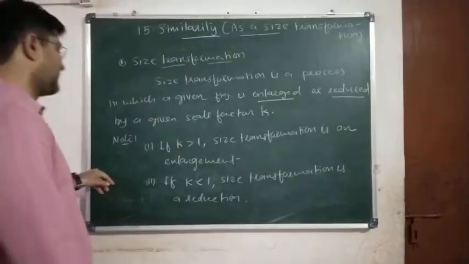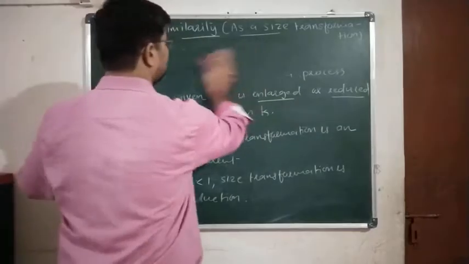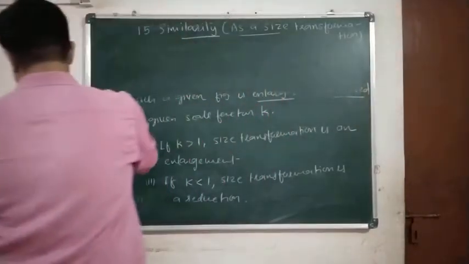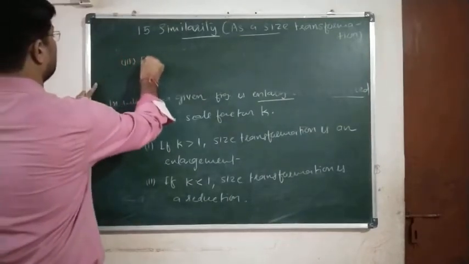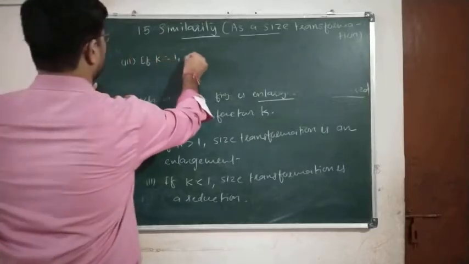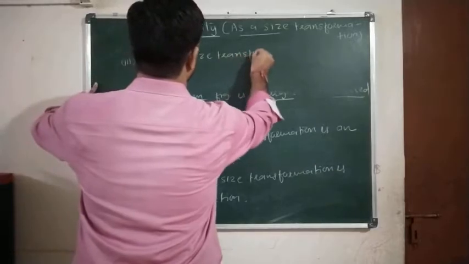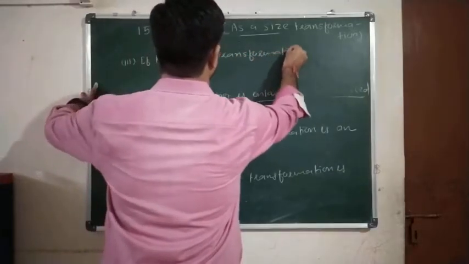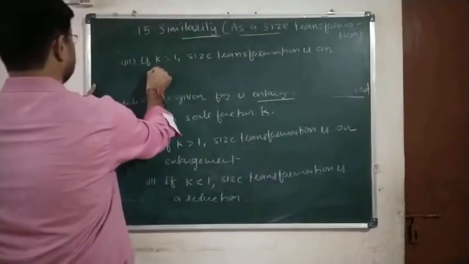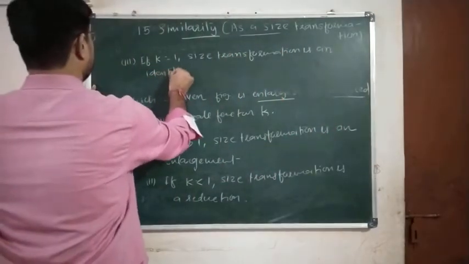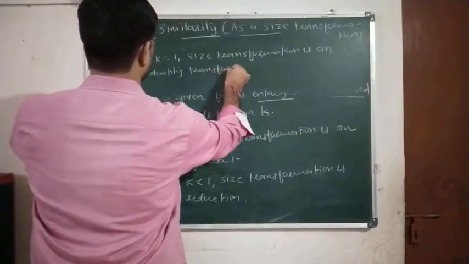And point number 3, if K is equal to 1, then size transformation is an identity transformation.